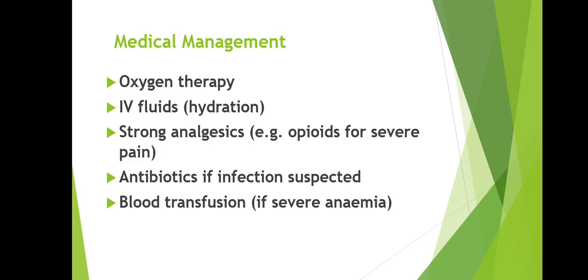Then under medical management, we have oxygen therapy, IV fluid just to hydrate the patient. Then you can use some strong analgesics because of the pain that is going to happen due to vessel occlusion, which is one of the crises. Then we can also use antibiotics if infection is suspected, because we have impaired the body's ability to defend itself.